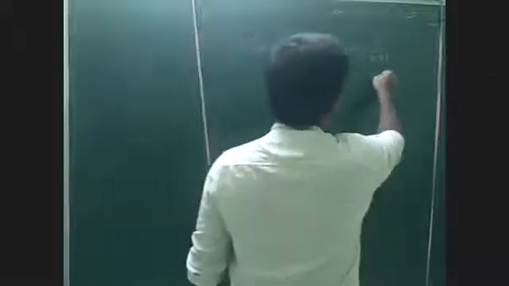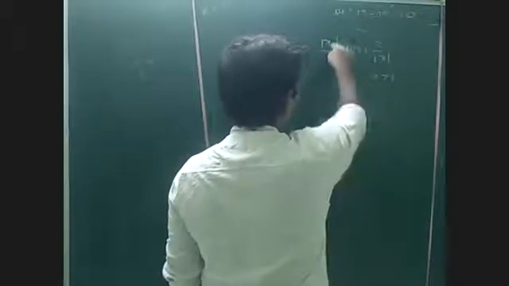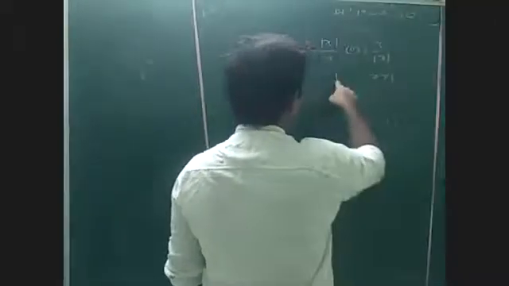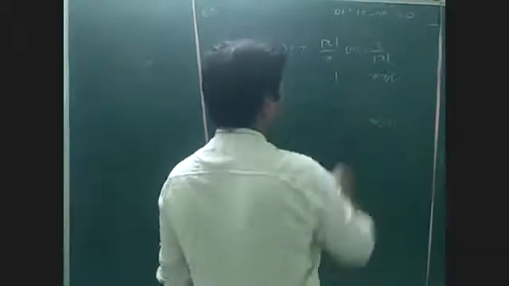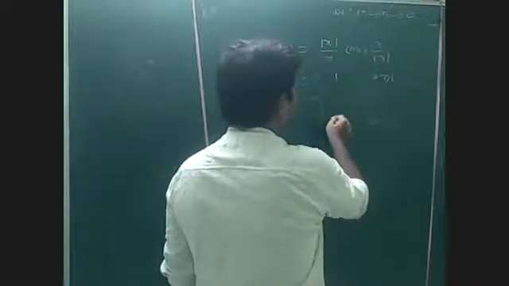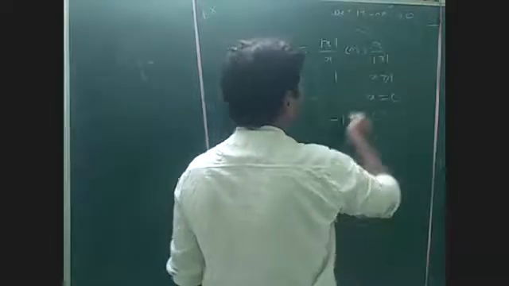When x is greater than 0, it is clearly plus 1 because it is x by x. When x is less than 0, clearly it will be minus 1. But when x is equal to 0, it is 0.